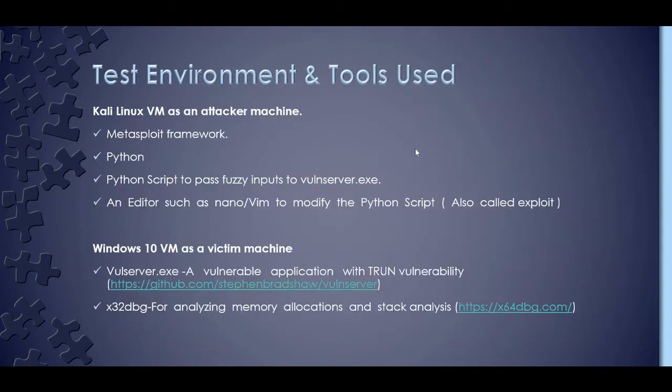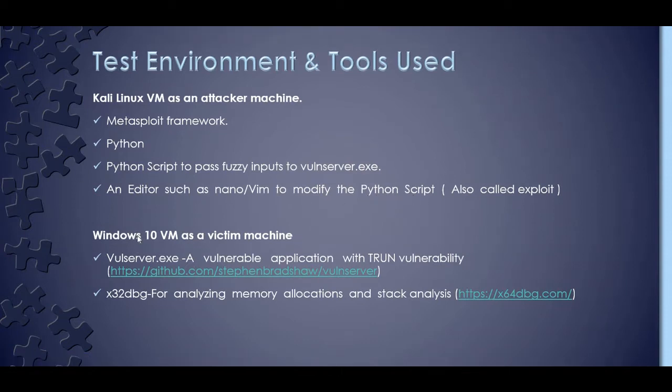Test environment and tools used. I'm going to use a Kali Linux virtual machine as the attacker machine. The tools we are going to use are the Metasploit framework, the latest version of Python, and Python scripts to pass fuzzy inputs to vulnserver.exe, and editors such as Nano and Vim to modify the Python scripts.